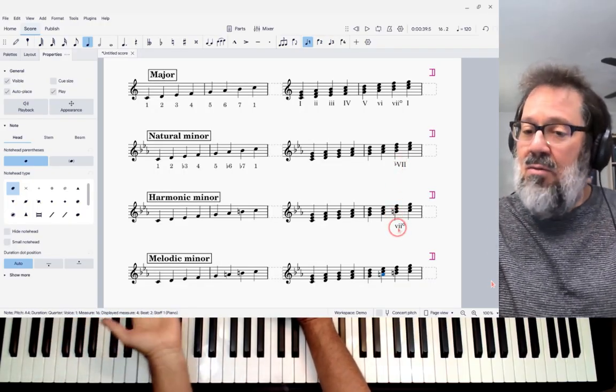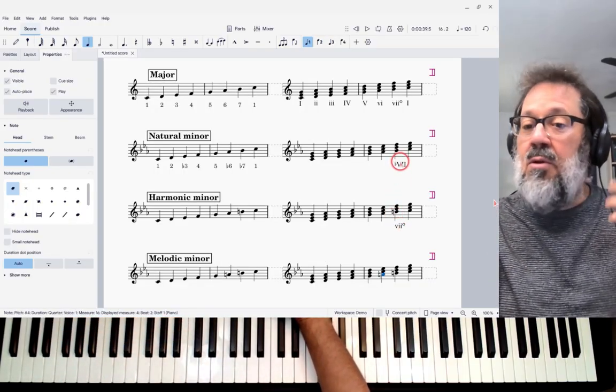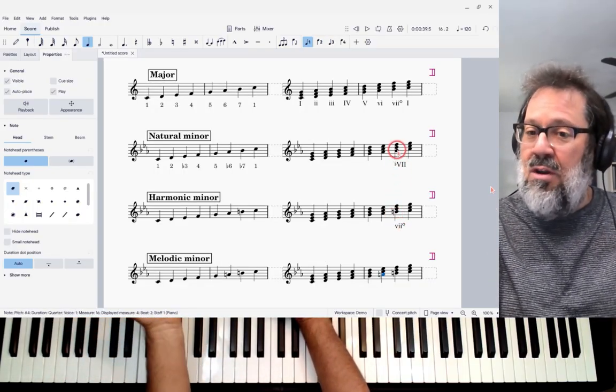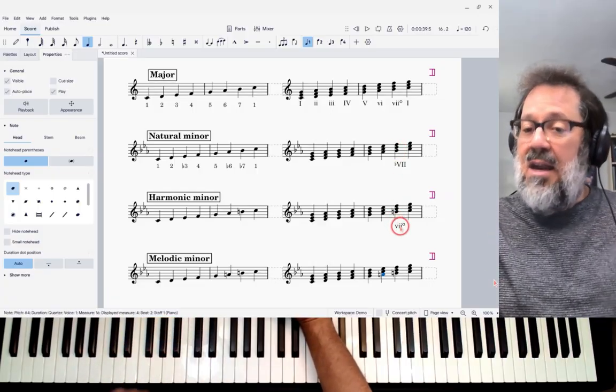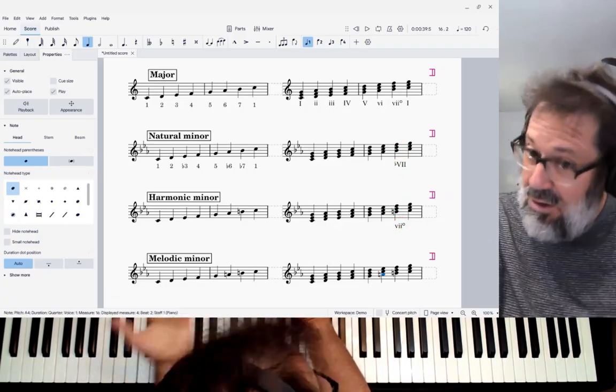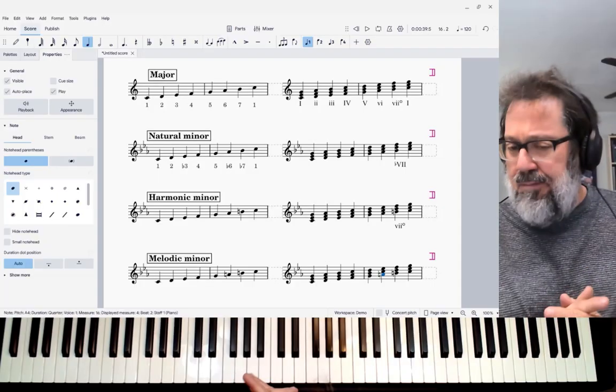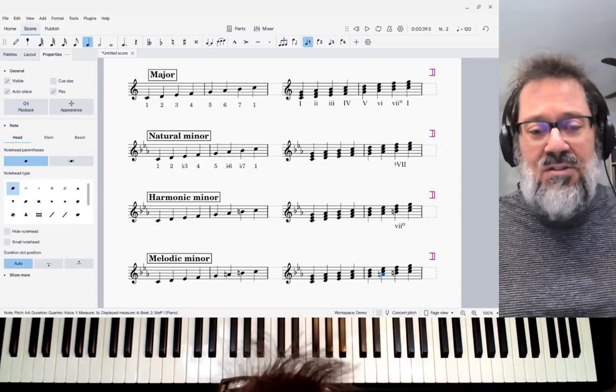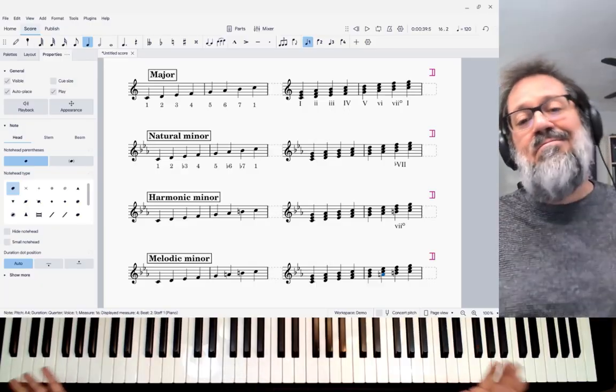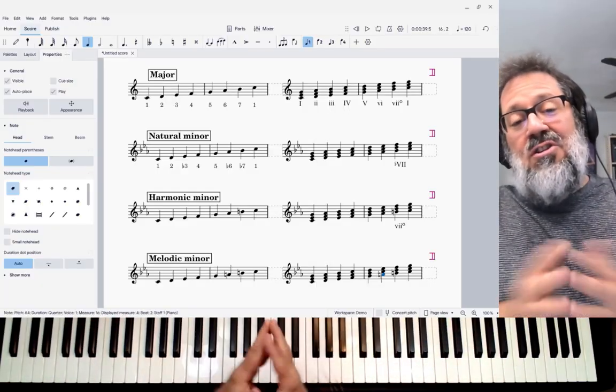I'm going to talk about Roman numeral flat 7 as that major chord built on B flat, and I'll talk about Roman numeral lowercase 7 diminished when I mean the diminished chord built on B. To me, this is less ambiguous, it's clear, it's simple. It's just not the way it's traditionally been done.